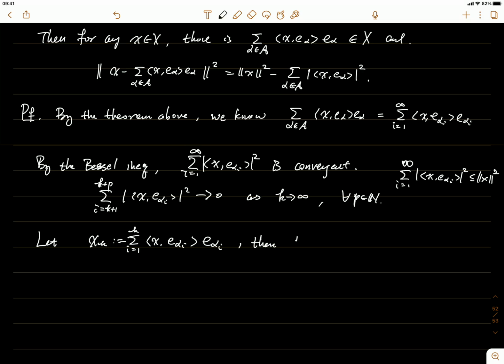But X is a Hilbert space, so it's complete. And that means there exists a limit. Okay? And it's actually pretty easy to show that the limit can only be the x itself.